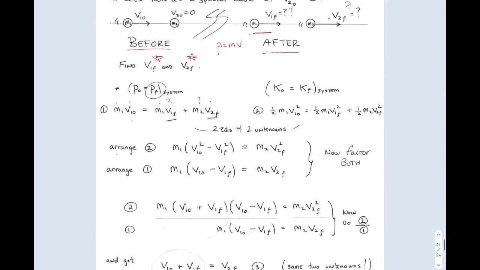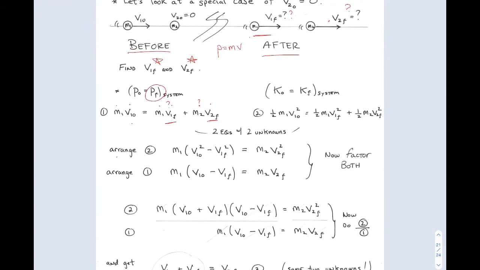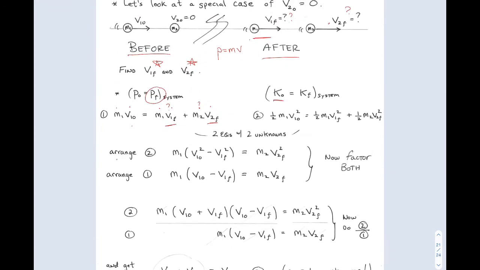Since it's elastic, kinetic energy is conserved. So I have K initial, and only number 1 has kinetic energy. Then for K final, I have two things moving, so number 1 has kinetic energy and number 2 has final kinetic energy. Again, my two unknowns are V1 final and V2 final.